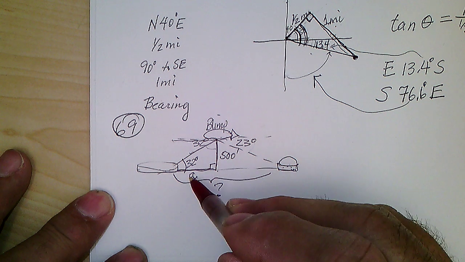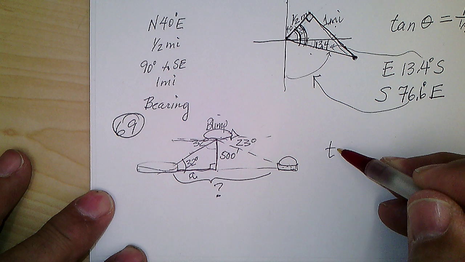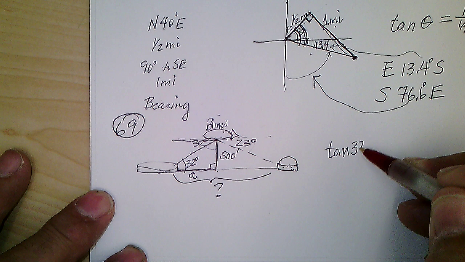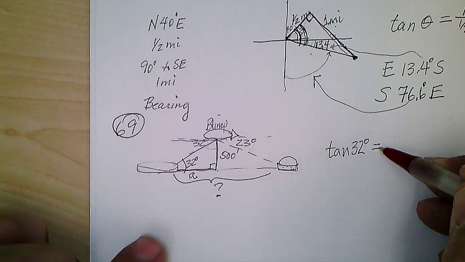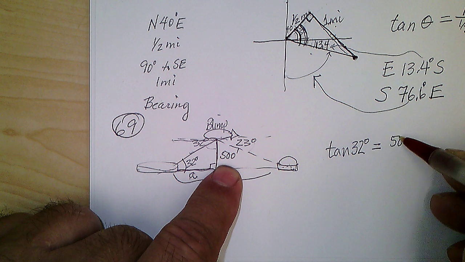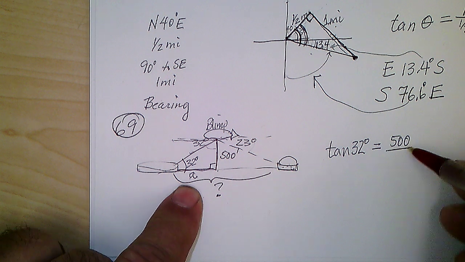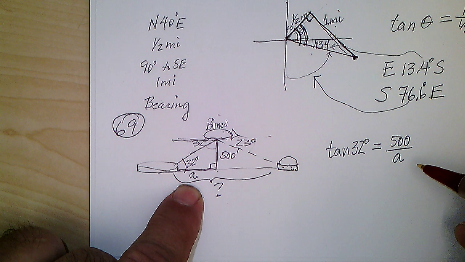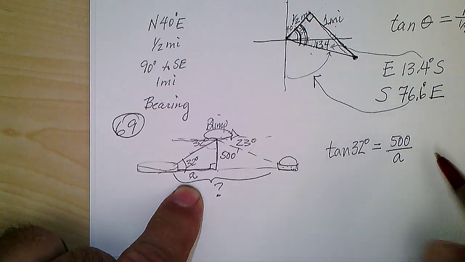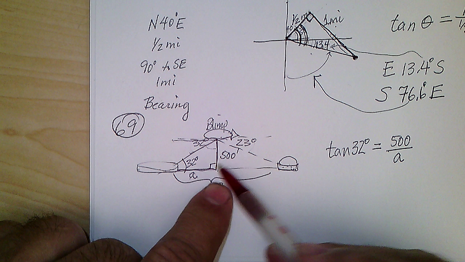So that would be tangent, so I'll have the tangent of 32 degrees is 500 over A, that piece I want to know. And I can solve this for A and get that length.